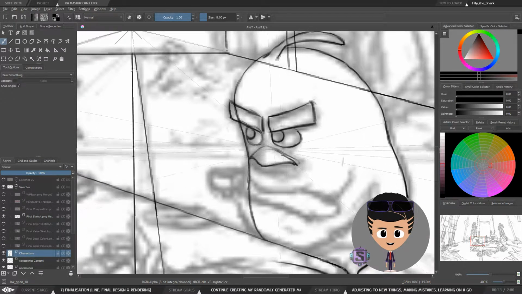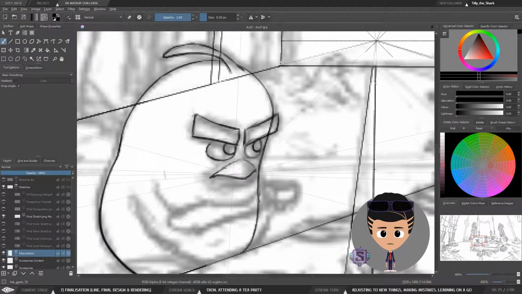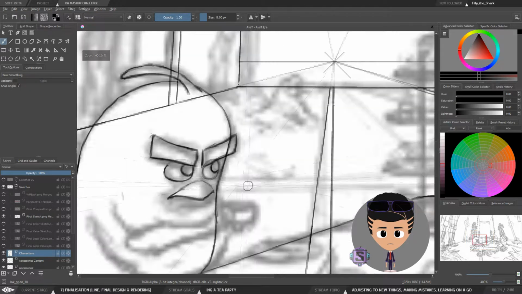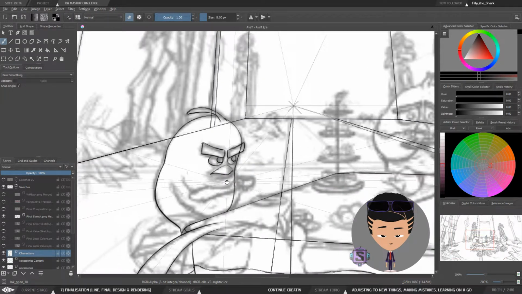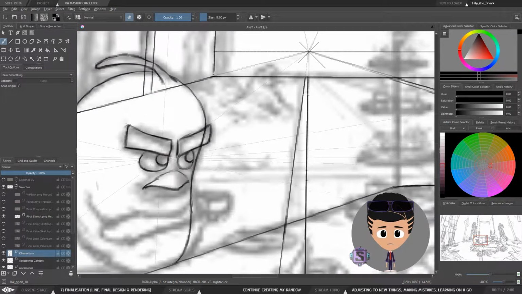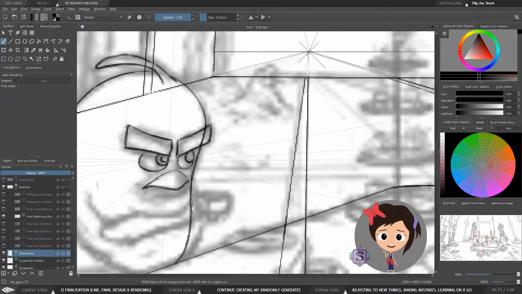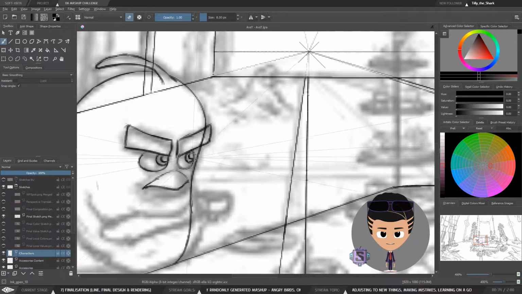So let's just try to put some type of an expression, like he's actually pretty annoyed. Usually when we have eyes, it's a little bit easier to work with the expression, because the eyes are kind of leading the expression for the most part.